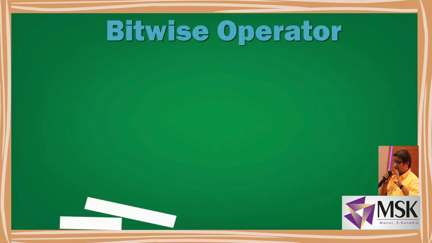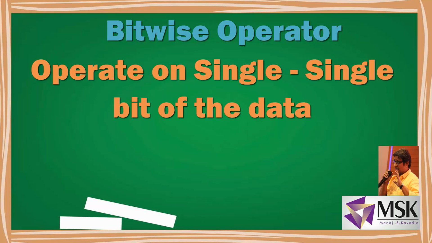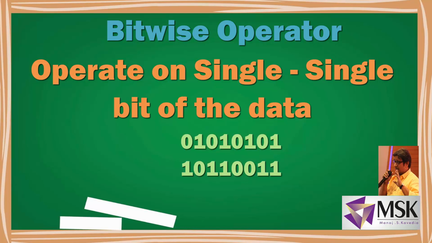That's where the membership operators end. Now coming to the last operator, that is bitwise operator. Bitwise means it will operate on single bit. That's why they are called bitwise operators. Bitwise operators act on an operand as if they were strings of binary digits. They operate bit by bit.